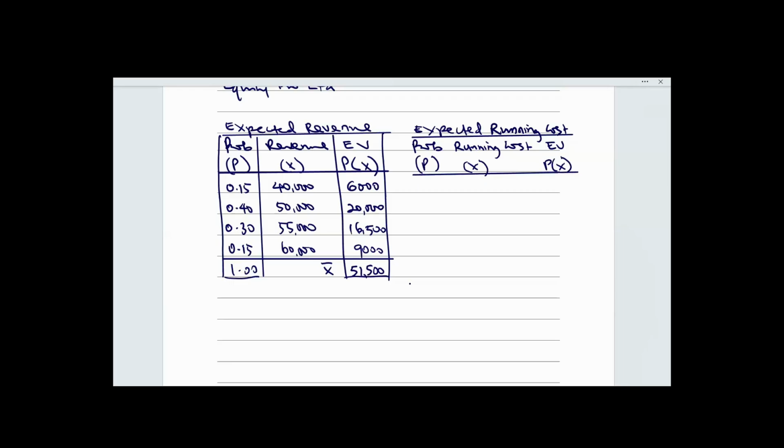Give me the probability first: 0.4, 0.25, 0.35. So that gave us 100%.